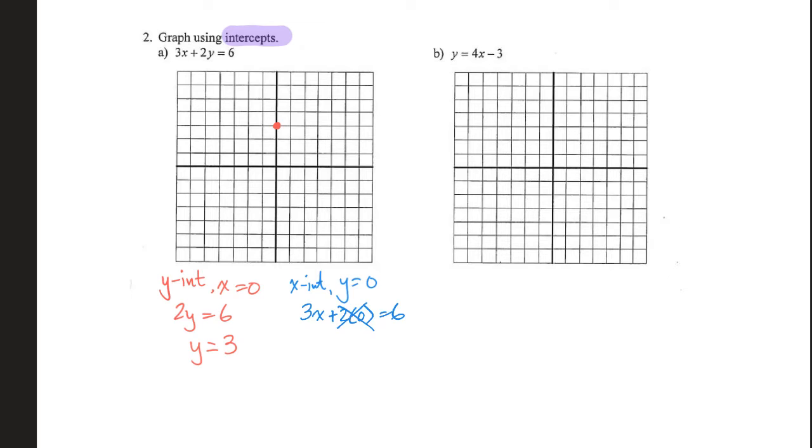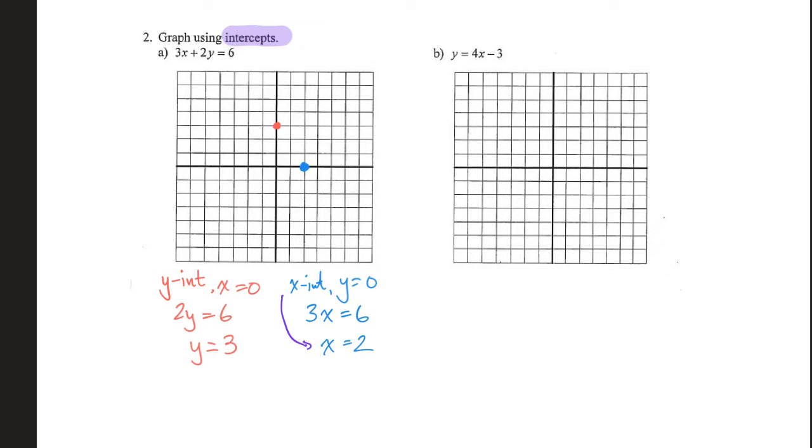So if I then eliminated that line from my solution and looked back up at my equation, subbing in 0 for y wipes that term out, and I come in at a very simplified equation of 3x equals 6. Now I can solve that, divide out my 3. Well, that tells me that on my x-axis, I have a point at 2.